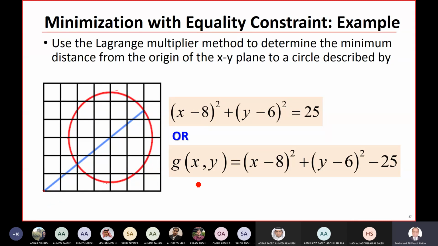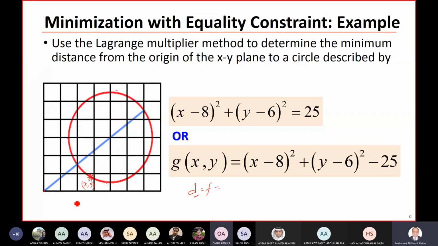So what do you think the distance would be? And what is the function here? Assume that you have any variable point, this point is (x, y). Omar, do you have a question?